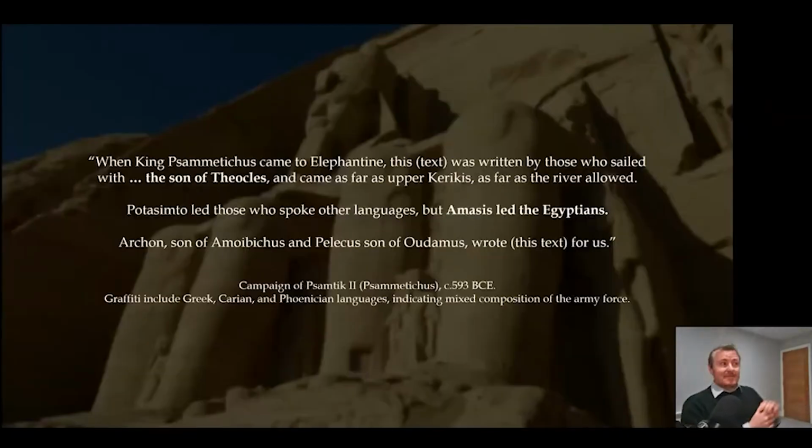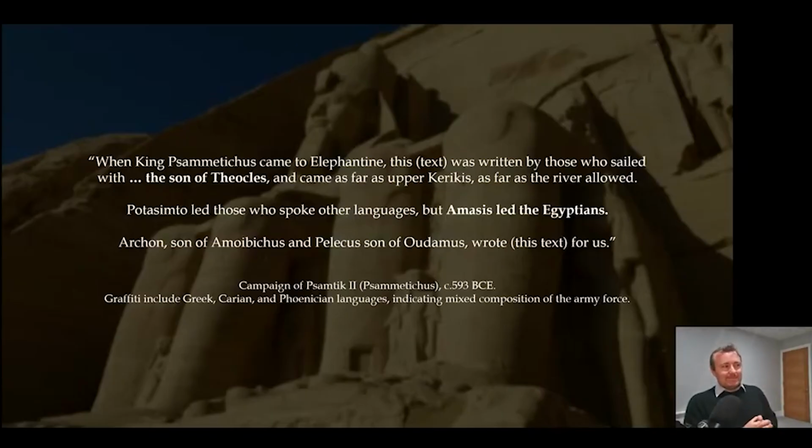And my favorite one is this. It's an inscription, you can read it on your own time as you wish, left by Greek mercenaries serving a later Egyptian king, a ruler named Psamtik, who sent an expedition into Nubia, a military expedition to conquer, crack heads, bring back loot and plunder, that kind of thing.